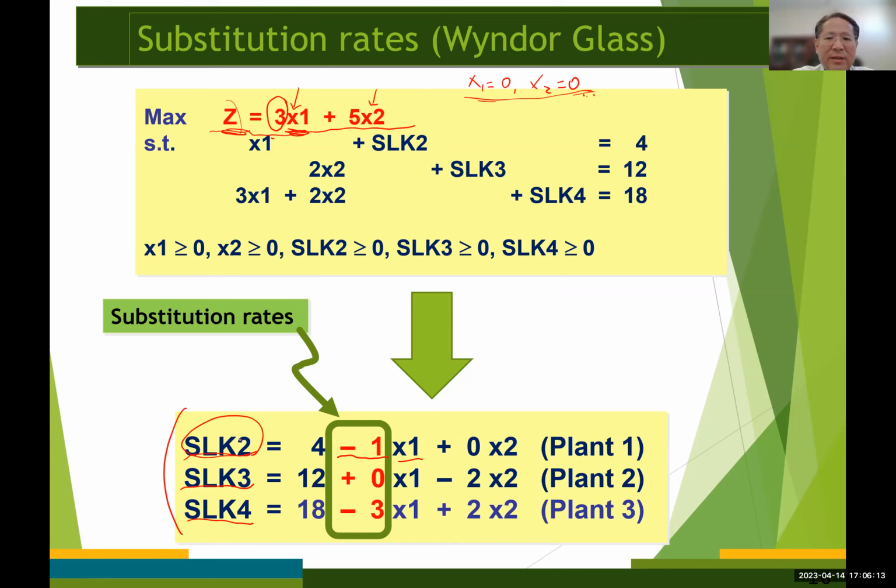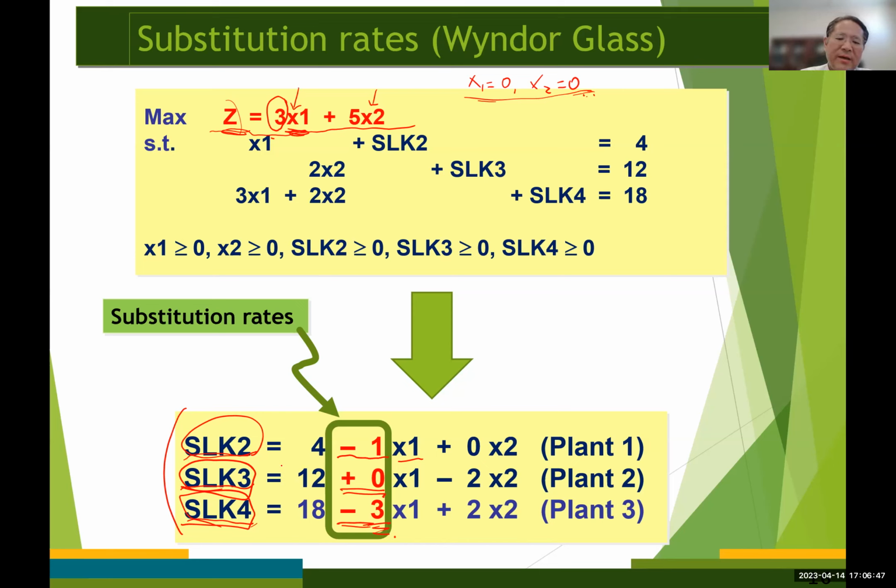Likewise, an increase of 1 unit of x1 will also result in 3 units decrease in slack 4. But nothing is going to change in slack 3. Is that correct?